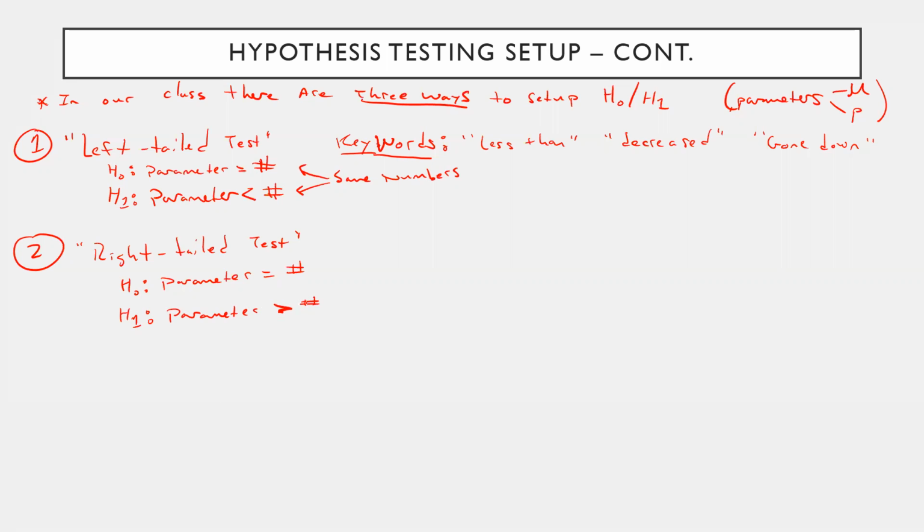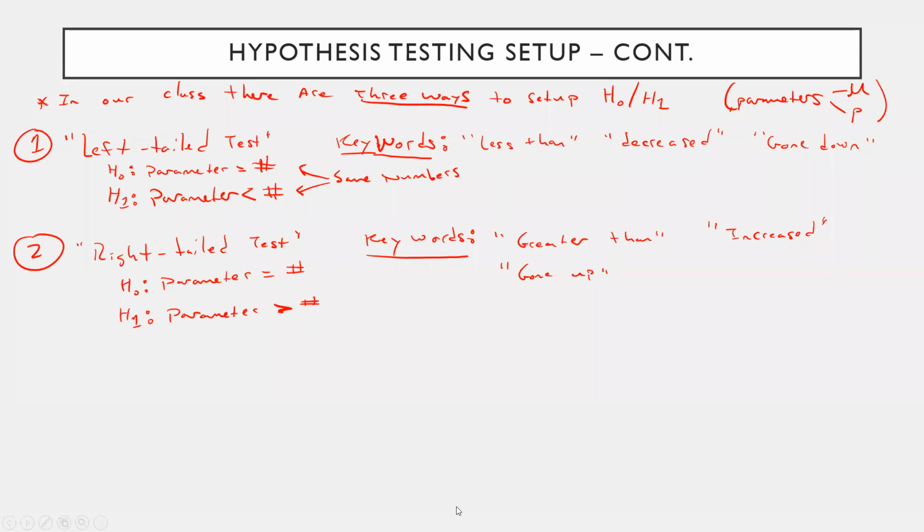The value of the parameter is actually greater than this number. So the keywords that you're going to look for in the word problem to tell you that it's a right-tailed test are stuff like greater than, increased, or gone up. Those are the type of keywords you're going to look for here.